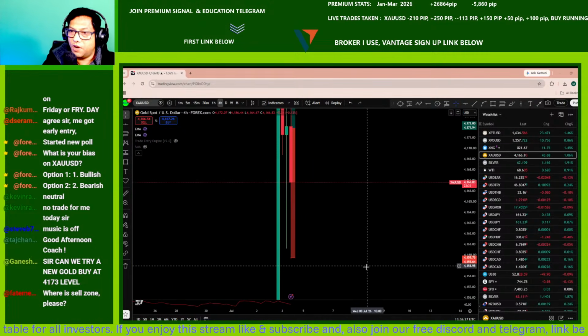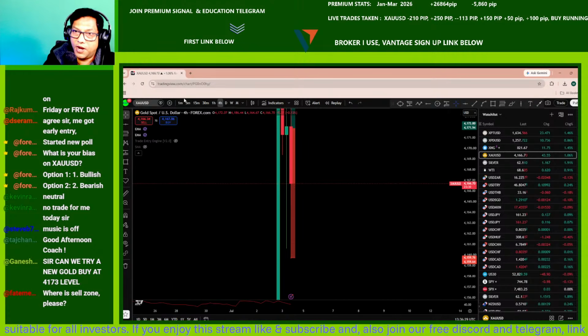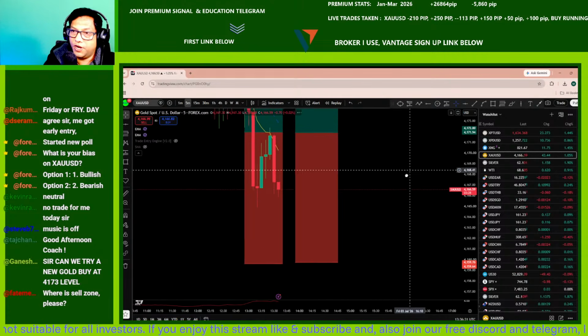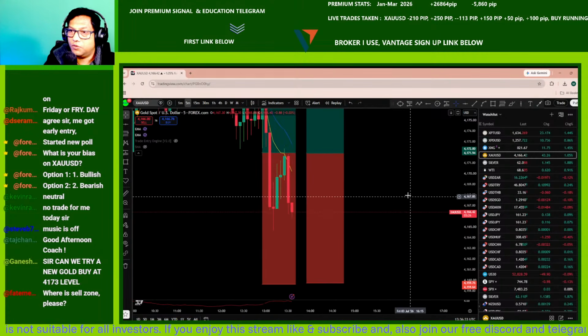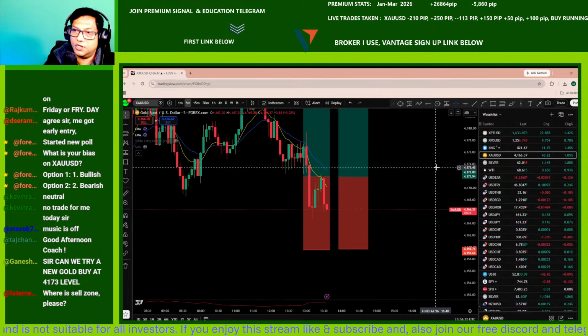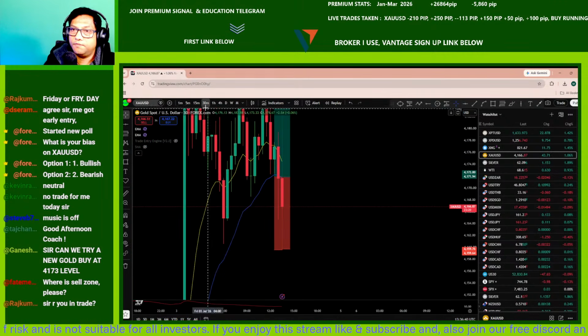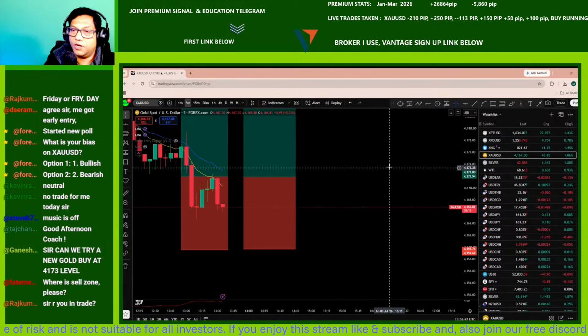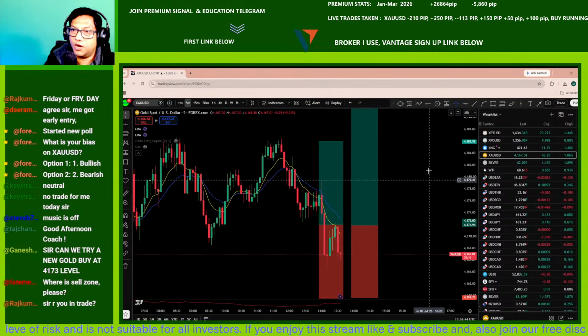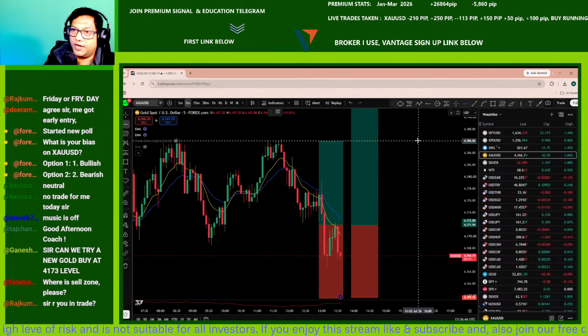Even if the market breaks below, I will be looking at buying again from that break. There is still a possibility of pushing back higher from the bigger picture.